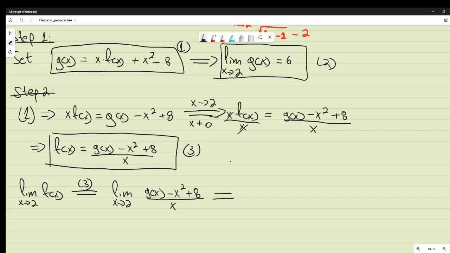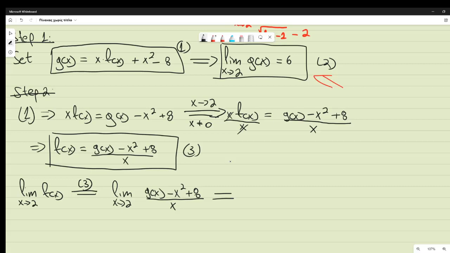Here we know from the exercise that the limit of g when x tends to 2 is equal to 6, so we know this limit too.